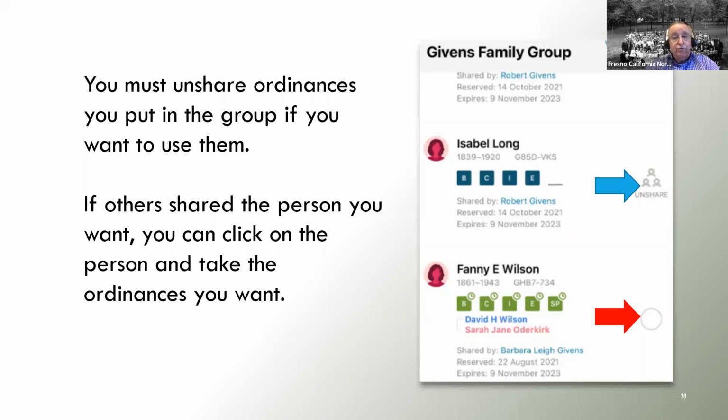They'll no longer be green to the public because they've been shared with this group, and only this group can do them right now because they're shared with the group.